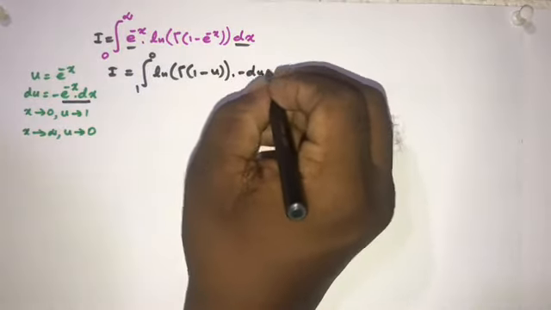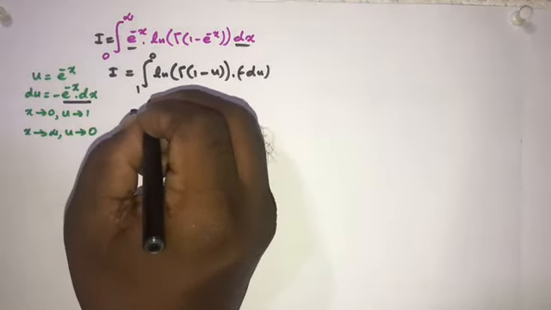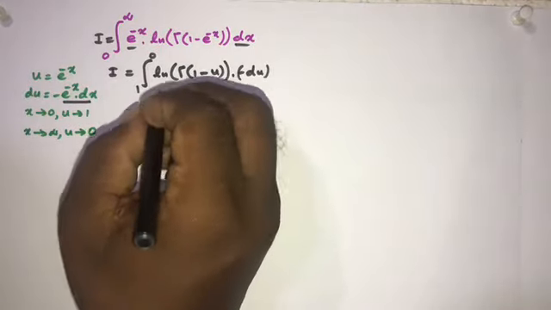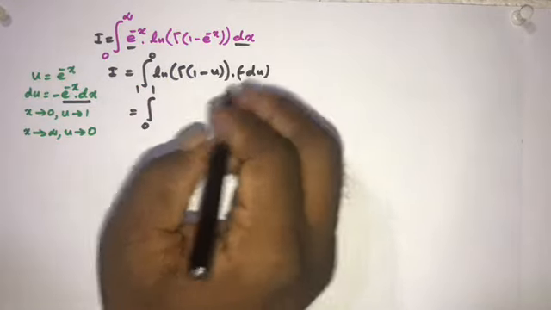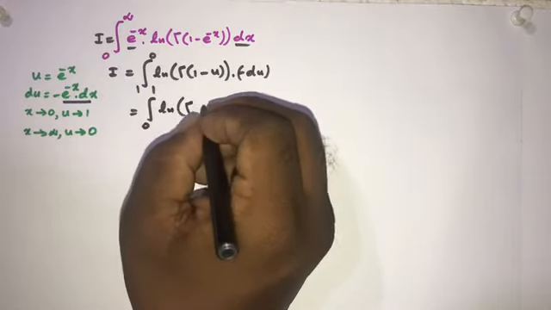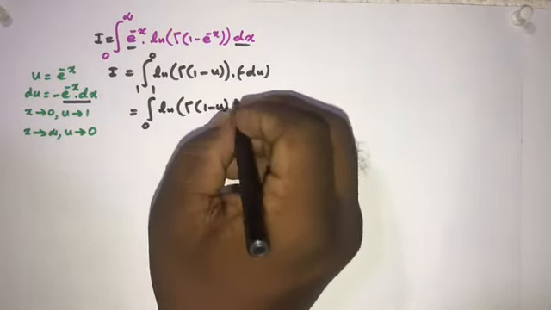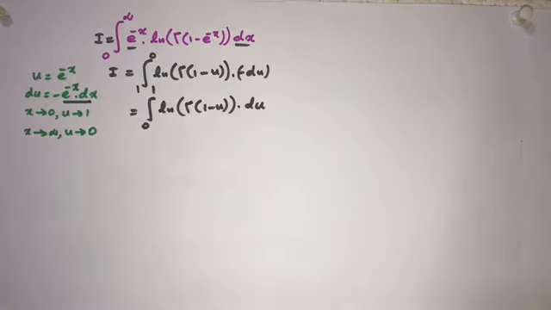Now we can change the limit, lower limit and upper limit, 0 to 1. When we change the limit, this minus gets cancelled, so we can write natural log of gamma of 1 minus u du.